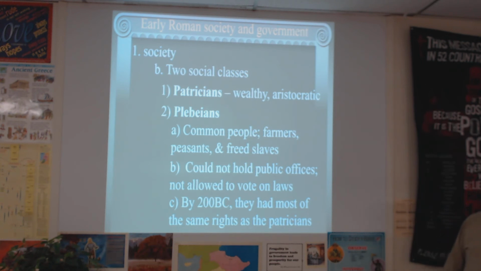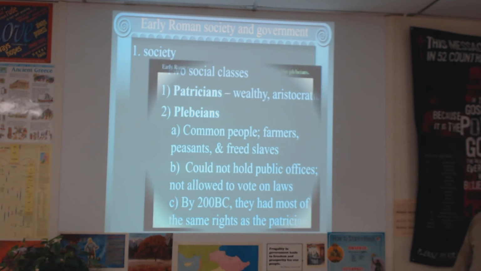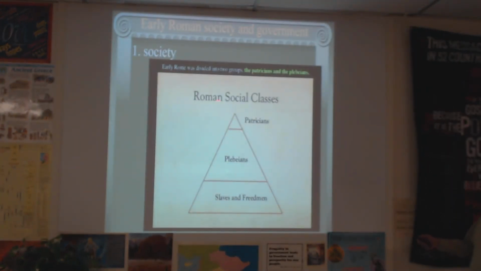So here's how it looks in a chart. The patricians are on top, very few of them. The plebeians are next, the large amount, and of course on the bottom, as always, slaves and freemen. The government of early Rome was a monarchy, which means what? Right. The authority of the monarchy was called the imperium.